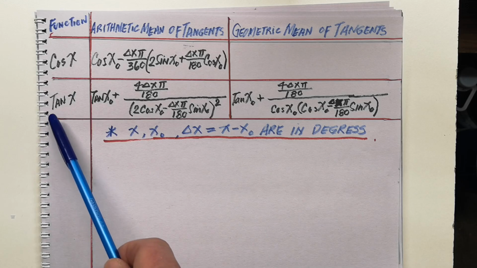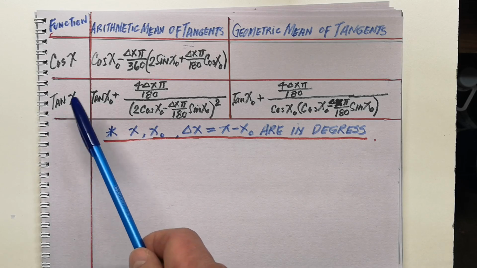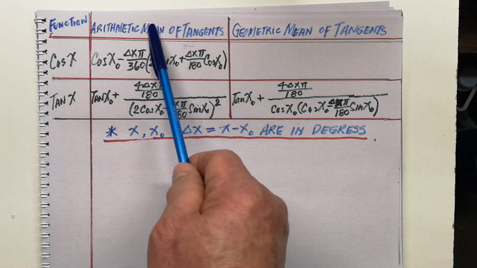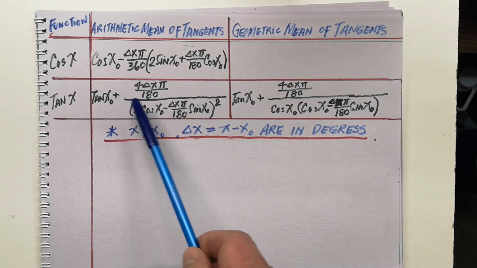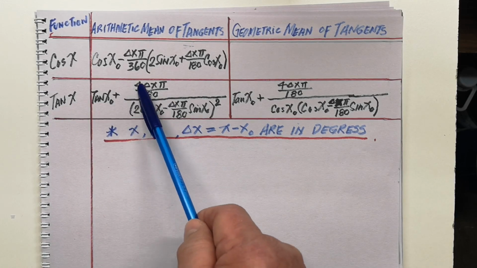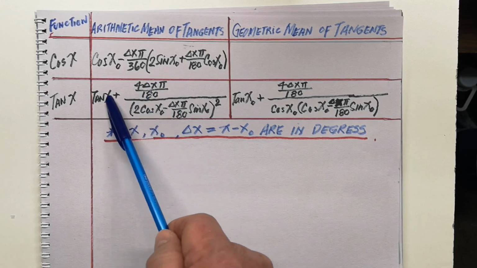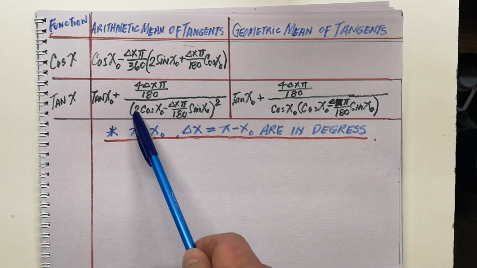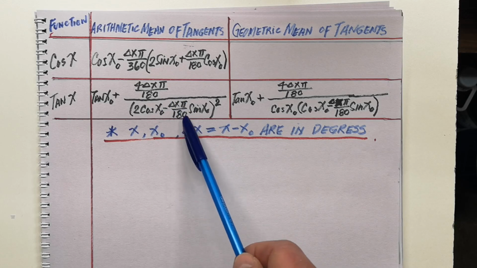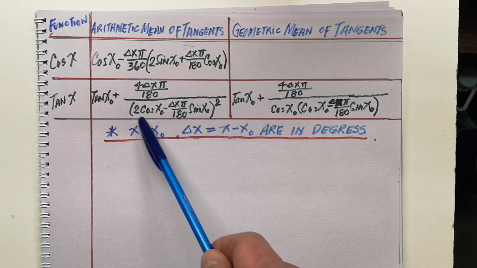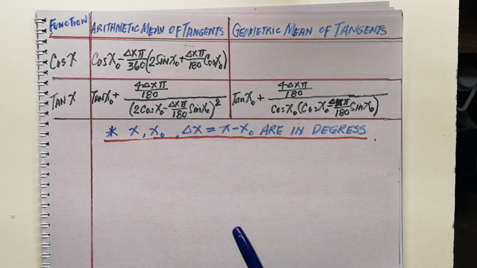And for the tangent x, for the arithmetic mean, tangent x is equal to tangent x sub 0 plus 4 delta x pi over 180, all divided by the quantity 2 cosine of x sub 0 minus delta x pi over 180 sine x sub 0, squared.